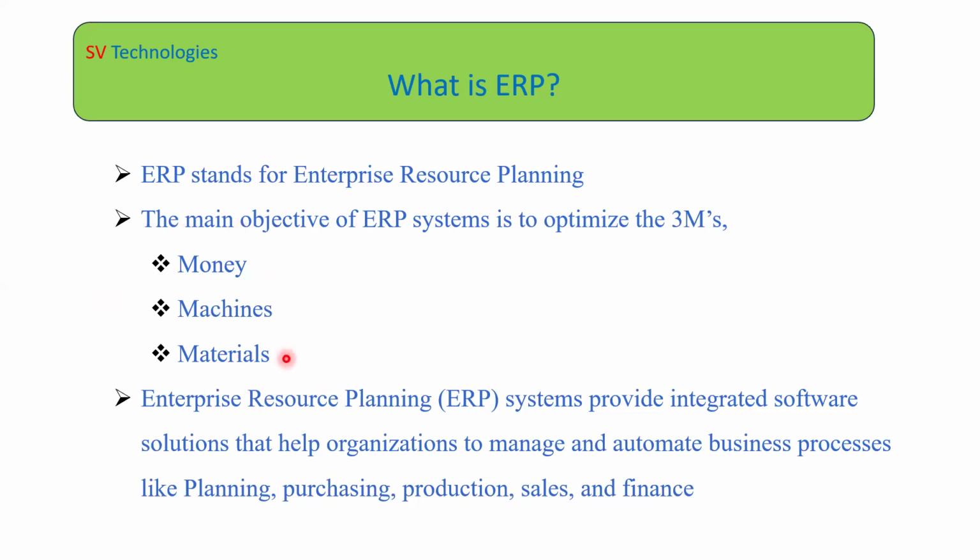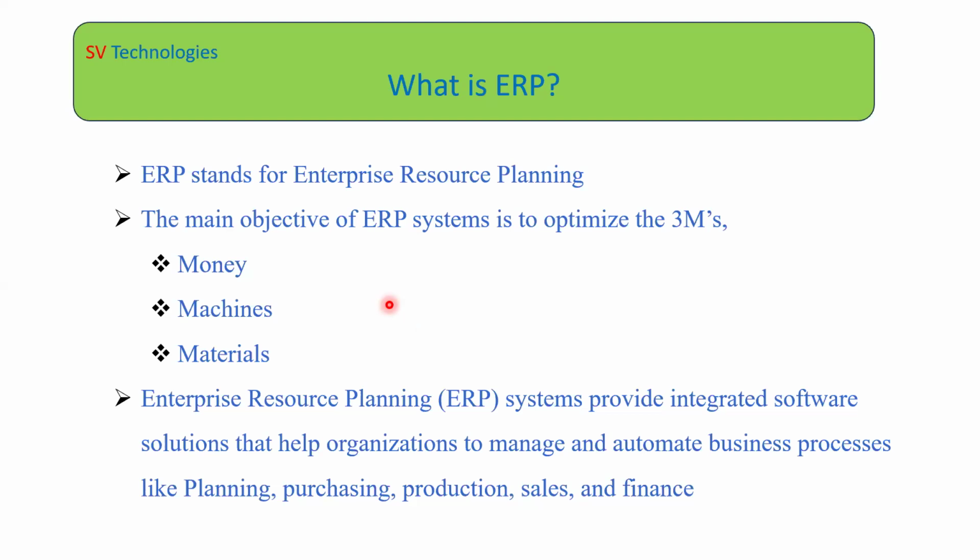If you are able to optimize them, the organization will succeed. That is why the main objective of any ERP system is based on these three M's. ERP is a software solution which helps the organization manage and automate business processes like planning, purchasing, production, sales, and finance.